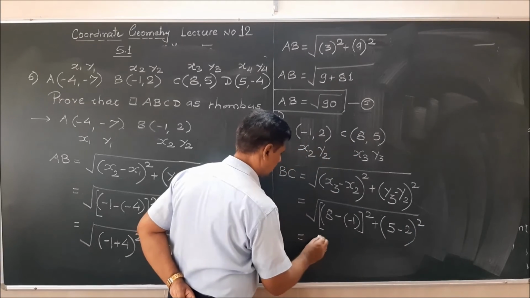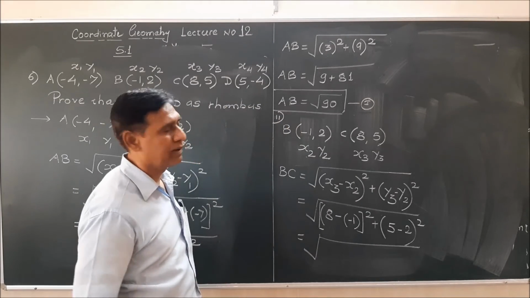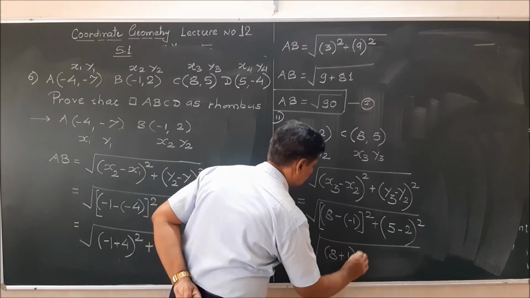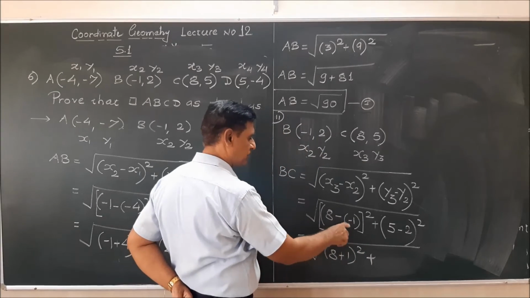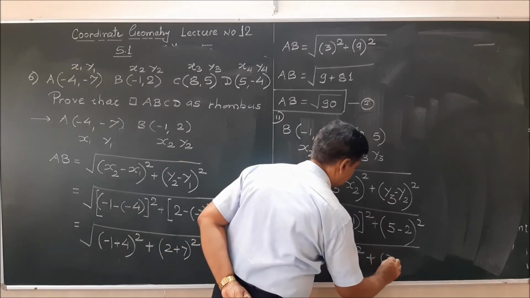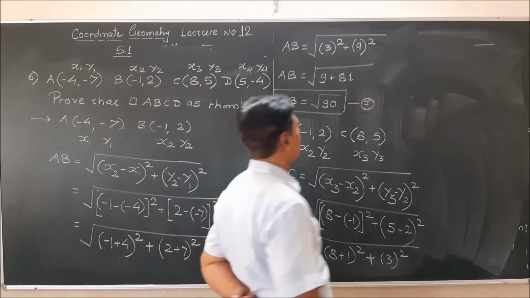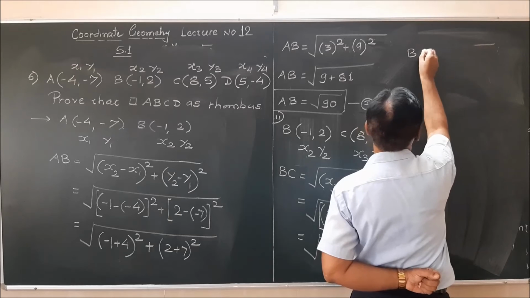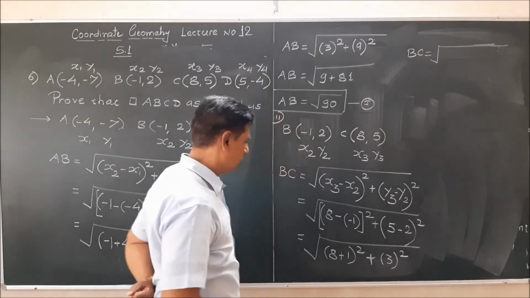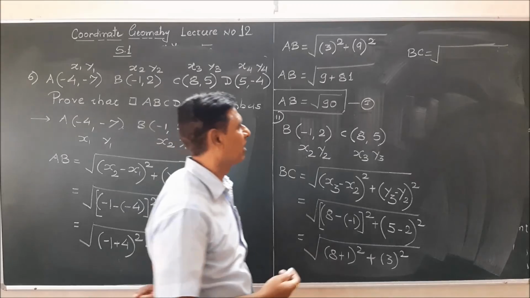That will be root of 8 minus into minus is plus, so 8 plus 1 the whole square, because minus into minus becomes plus. 5 minus 2 is 3 whole square. Now I will get the value of BC: 8 plus 1 is 9, and 9 square you all know is 81.